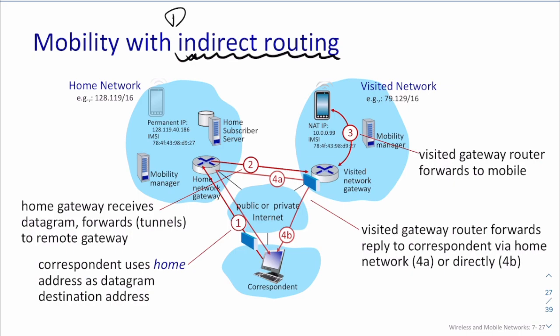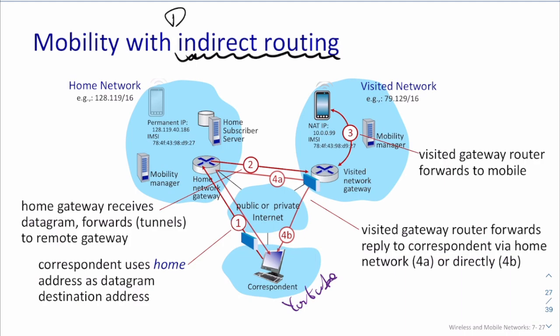So after you do such registration, for the correspondent, for example, that is a YouTube server, when the YouTube server sends the video to your permanent IP address, you are not there already because you moved to the visit network and registered to the MM and your home HSS, but the video content is still sent by the correspondent to your home network gateway.